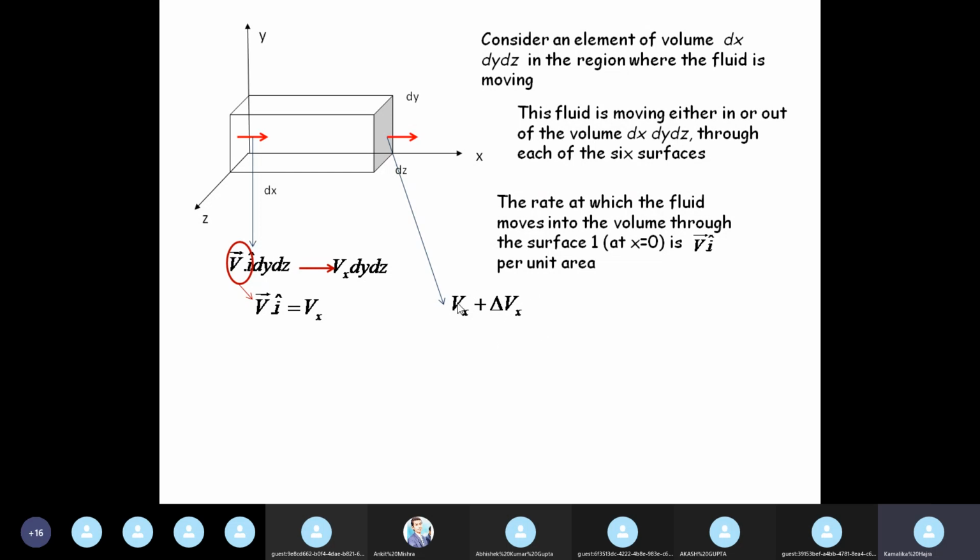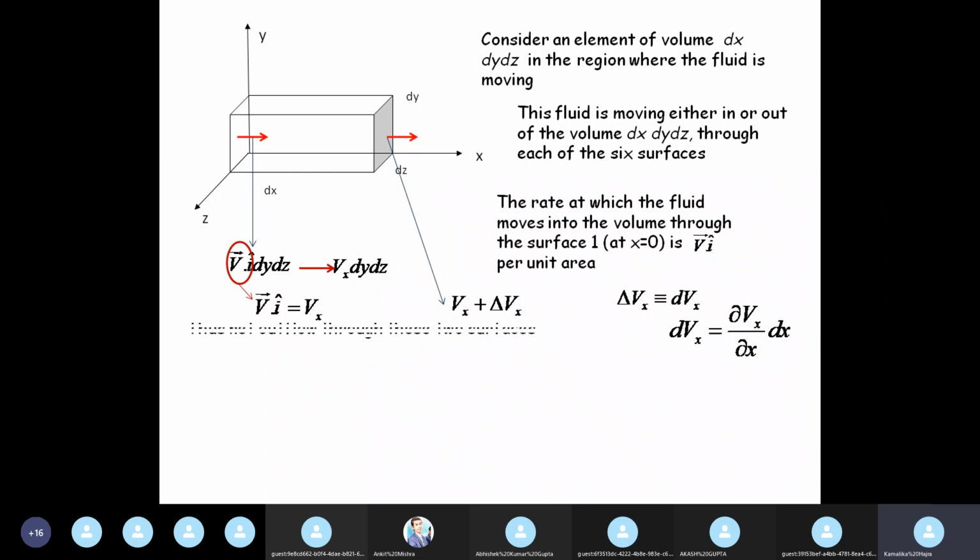So we say that the amount of fluid that comes out through this second surface facing the x direction is Vx plus delta Vx, where delta Vx is a very small amount. It may be minus or plus. It may be taken out from Vx or it may be added to Vx. Since delta Vx is very small, we can write delta Vx equal to dVx, and we know that dVx equals del Vx del x dx.